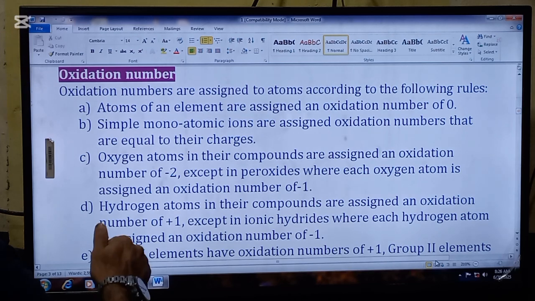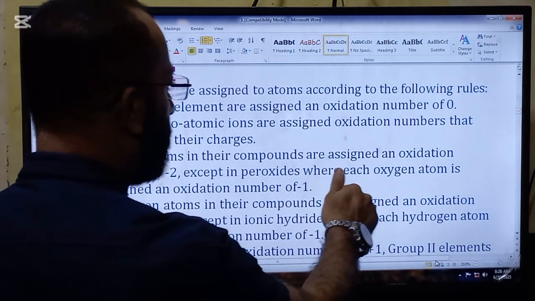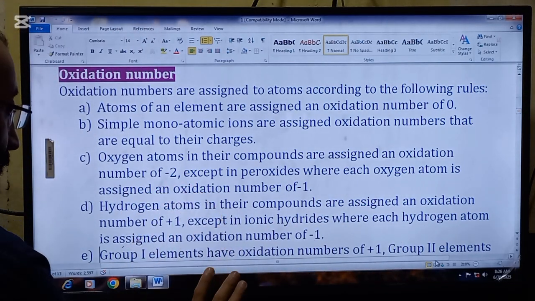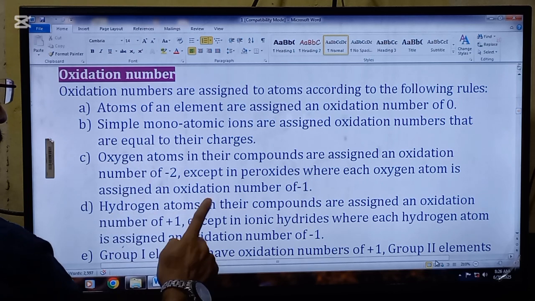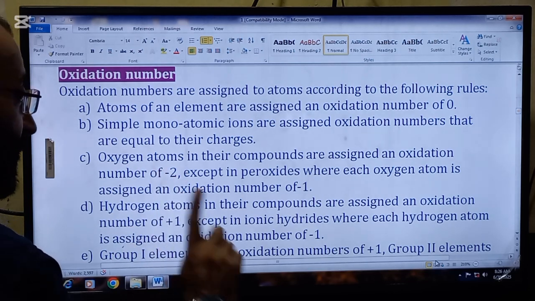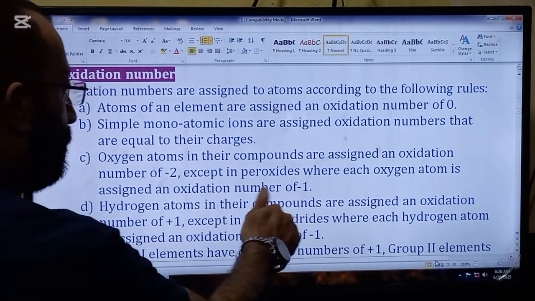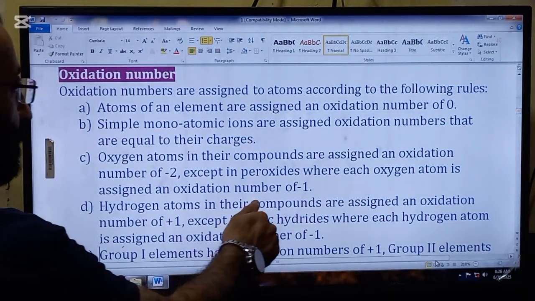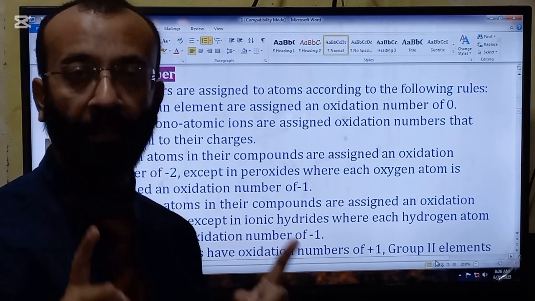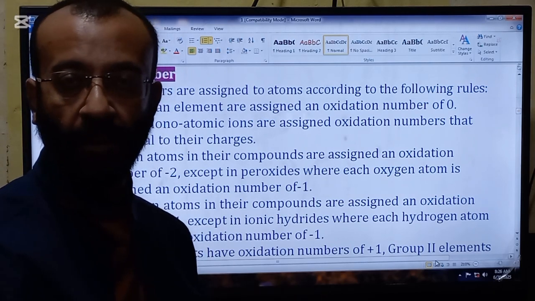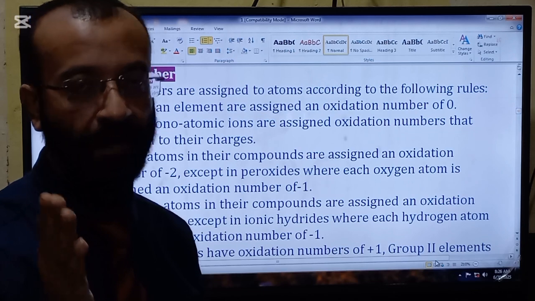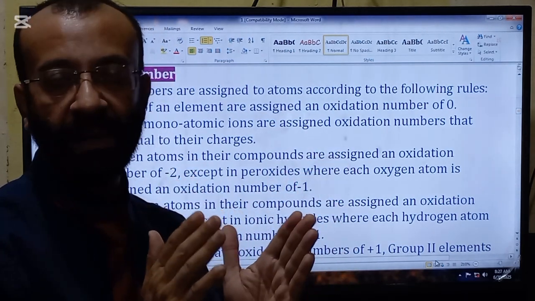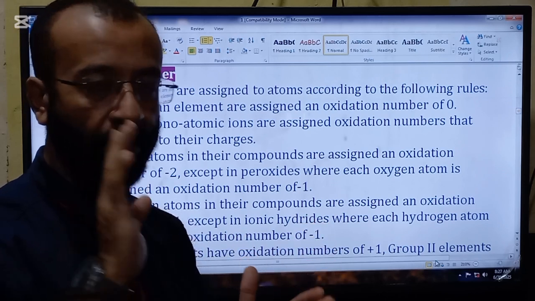Number 3, oxygen atoms in their compounds are assigned an oxidation number of -2. So concentrate yourself. Oxidation number of oxygen is -2, but there is one exception, except in peroxides, where each oxygen atom is assigned an oxidation number of -1. So in peroxides, the oxidation number of oxygen is -1, and except peroxide, in all other compounds, the oxygen will have oxidation number of -2.